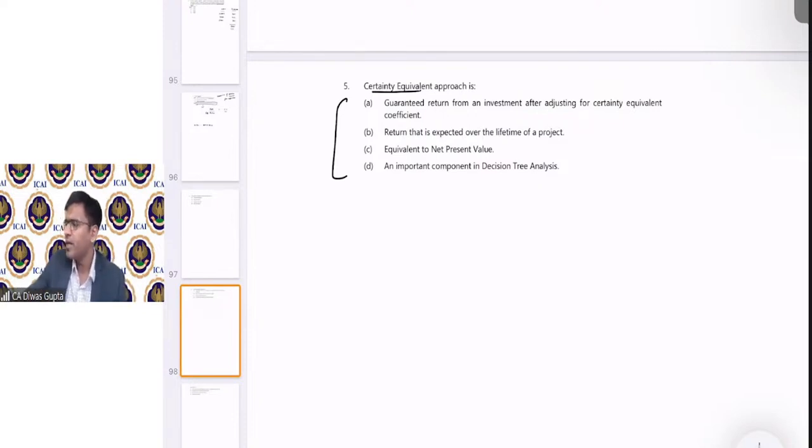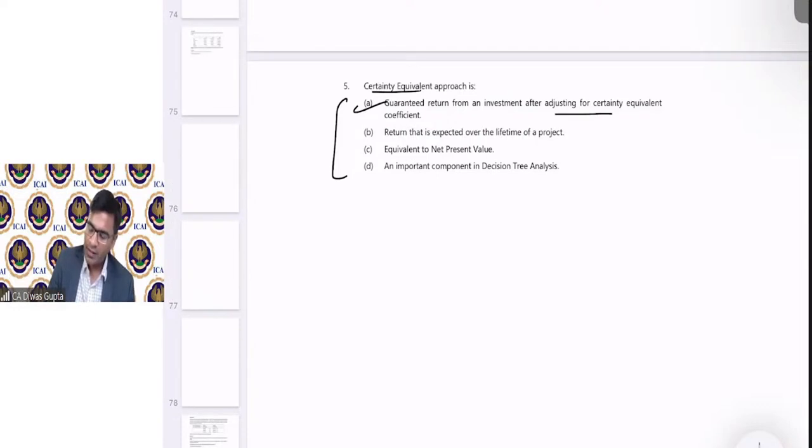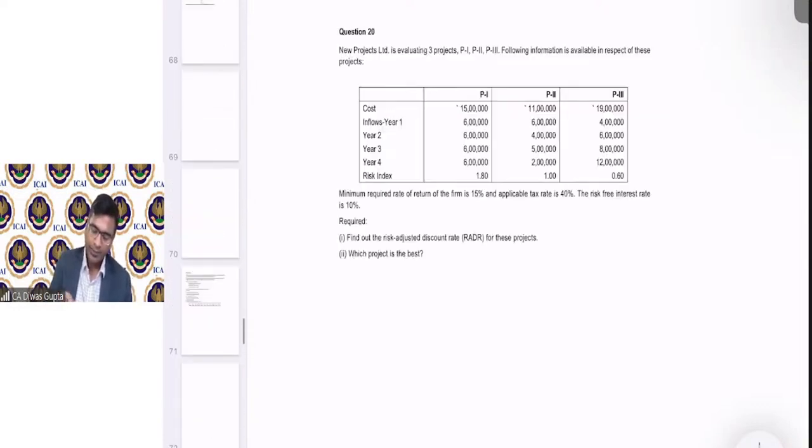Perfect. I've started getting the answers. Rahul Kumar Dave is saying A, Guram is saying A, Mohammed Abdul is saying A, Manoj Kumar Pandey is saying, and Robin is also saying A. Perfect. I think all of you are correct. It's A only, students. Very nice. So yeah, let's come back, students. Now in this also, there is this thing that is mentioned is decision tree analysis. Our next topic is that only.